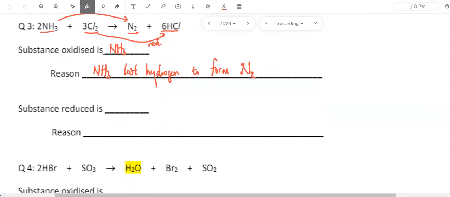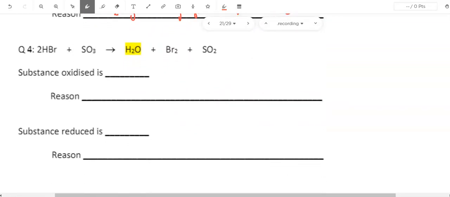So NH3 lost hydrogen to form N2. This one over here, Cl2 is the one that's reduced. How do you know? Because Cl2 gained hydrogen to form HCl.